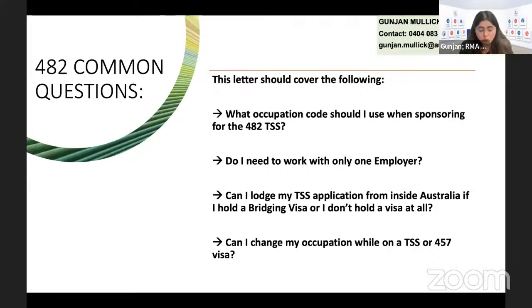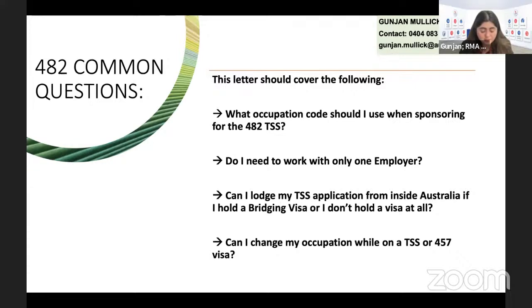Let's say you have worked 17 hours in a week, then next week you're working 22 hours, then next week 12 hours, and then 40 hours. That's casual work, so that is not counted for 482. I hope that answers your question. You can contact me and we can have a chat about your eligibility, so make sure that you are lodging the right way.